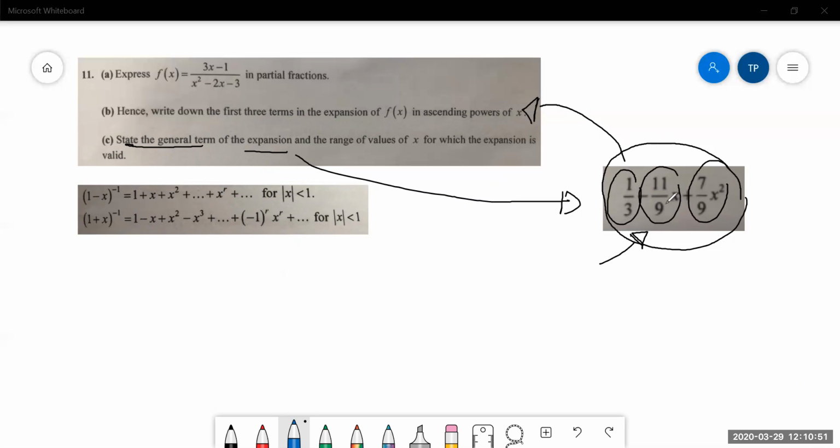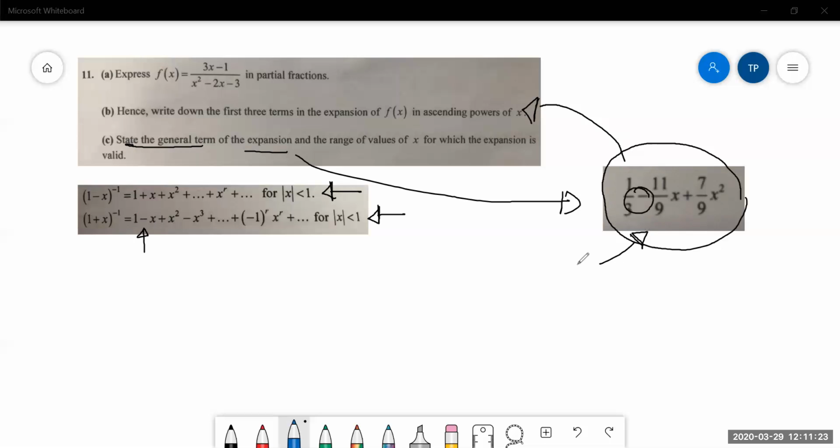So right here, your school already provides you with some useful results, which is really very useful. And we found that we have to use the second formula instead. Why do we use the second formula? Because of this minus sign. It coincides with this minus sign over here.